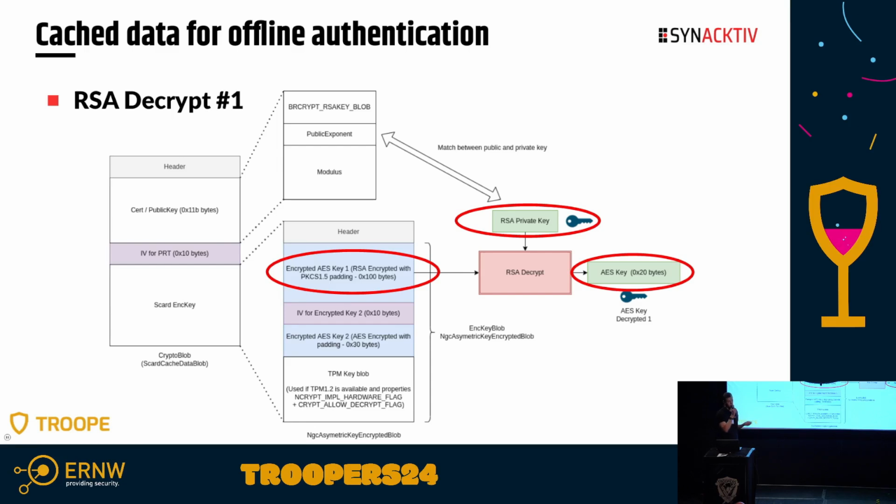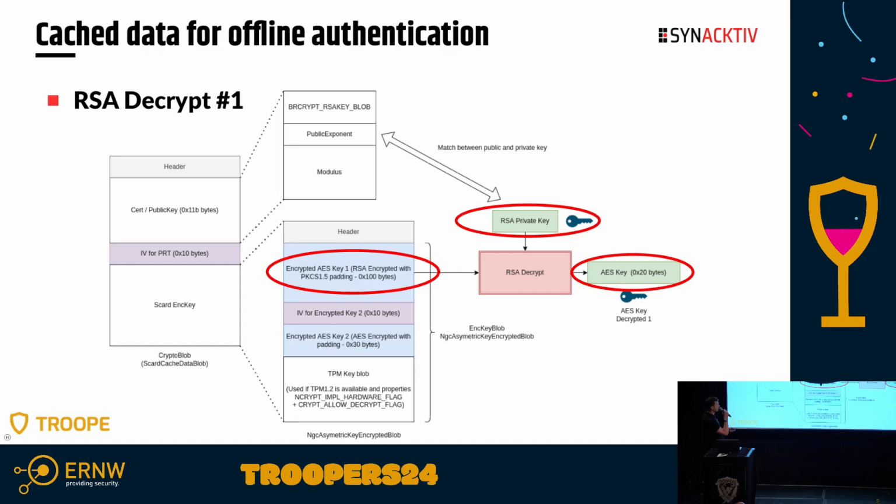Well, let's go back to our cache data file again. So this is the crypto blob when using a pin. We saw earlier that here we have the public key, which matches the RSA private key, and this is the second RSA private key that Théo told us about just before. So first, we will do an RSA decrypt operation. We will take an encrypted AES key, which is encrypted using RSA.